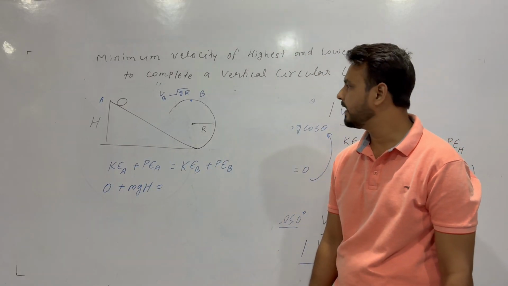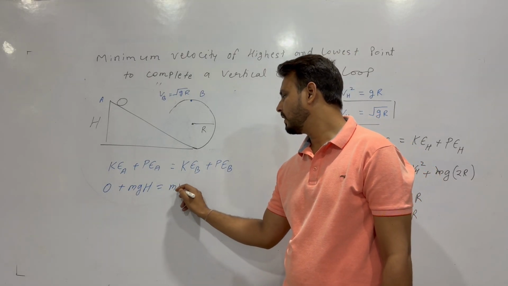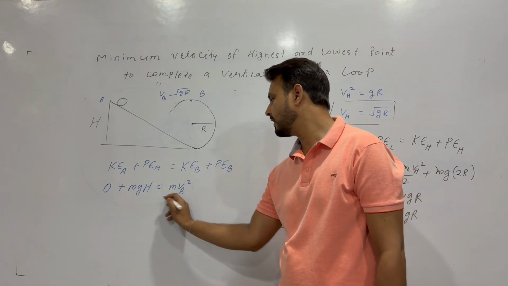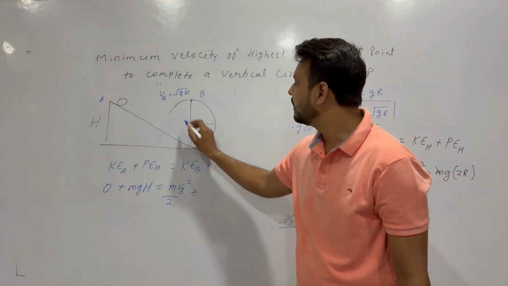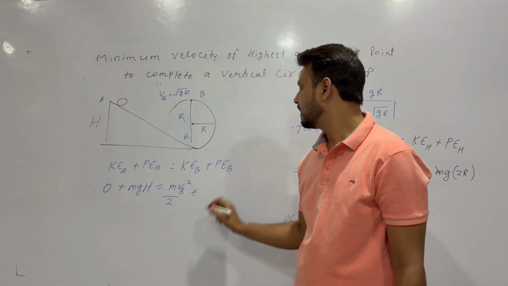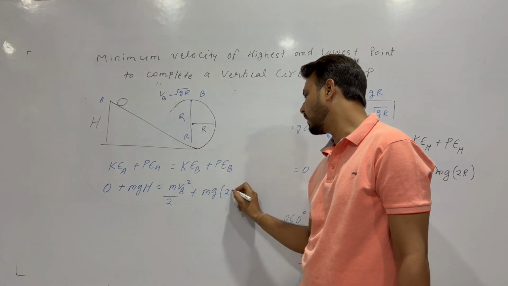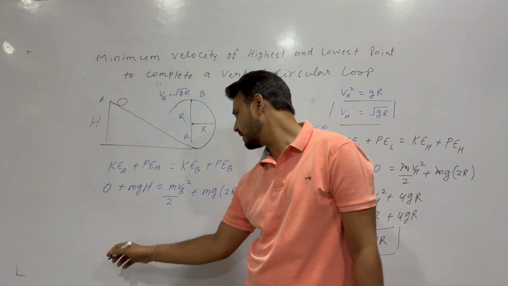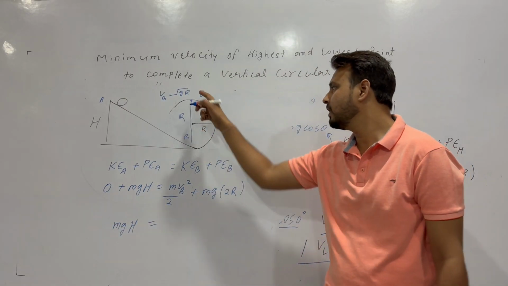Now what about point B? At point B, kinetic energy will be given by mv square by 2, and the potential energy at point B will be mg into 2r, as the height of B will be 2r. Now solving further, we put the value of v square.